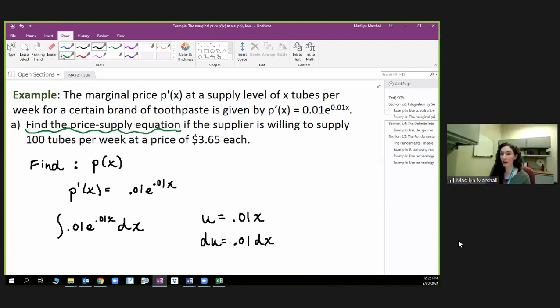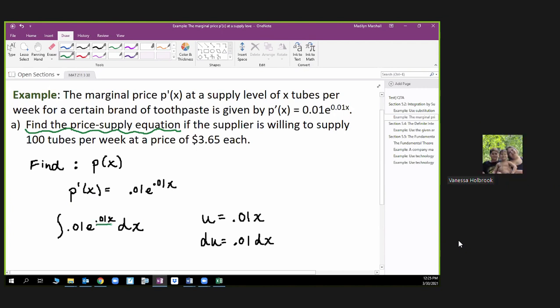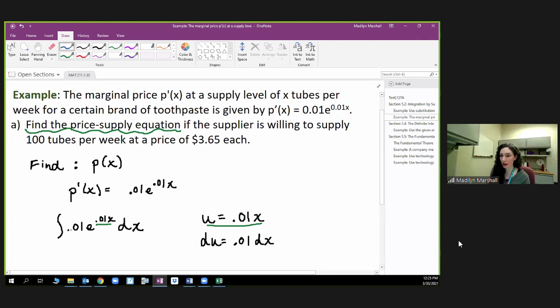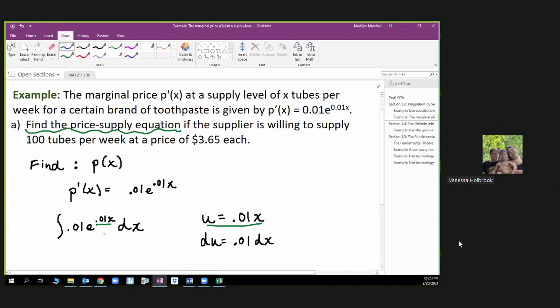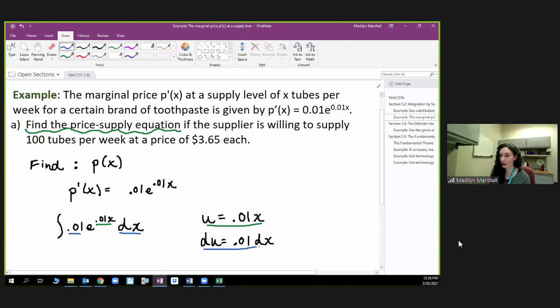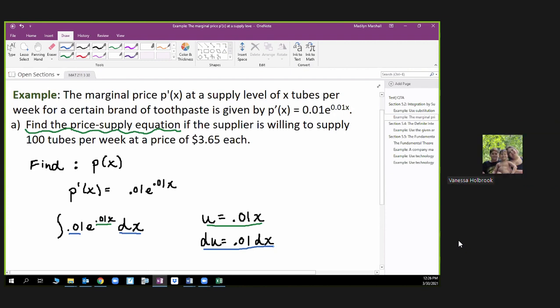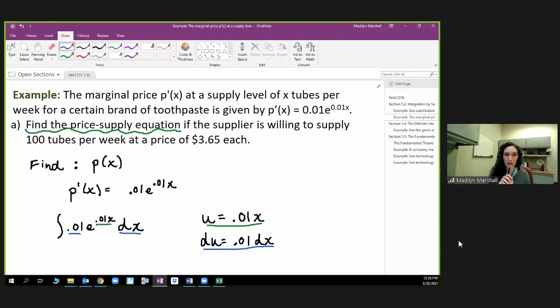So in this case, we have our u, which is that exponent part, and we have our du, which is the 0.01 dx. We don't actually have any adjustments to make to our du equation because the exact du, 0.01 dx, is in our original integral.